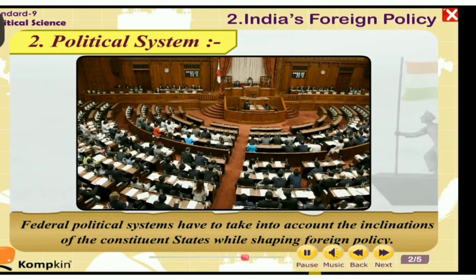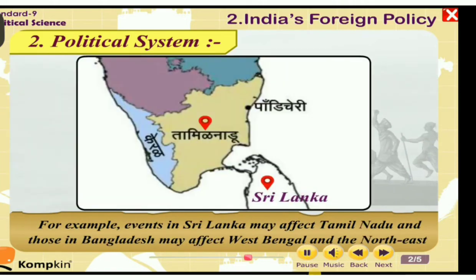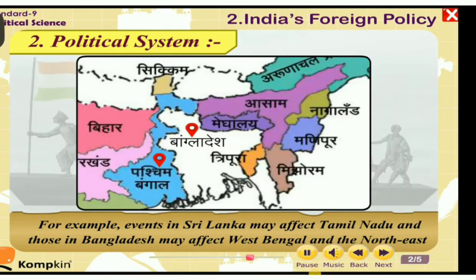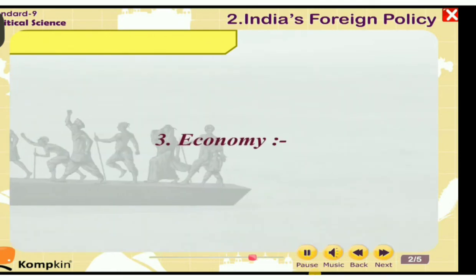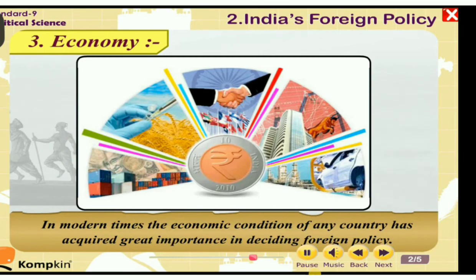Political systems have to take into account the important inclinations of the states while shaping foreign policy. For example, events in Sri Lanka may affect Tamil Nadu because they are neighboring countries. Those in Bangladesh may affect West Bengal and the Northeast. It means foreign policy should be good, so that no other country or state gets affected.